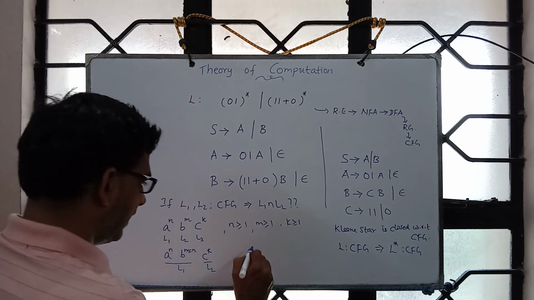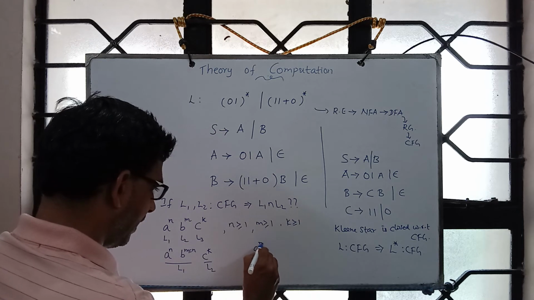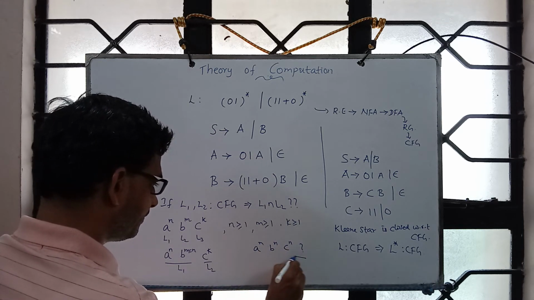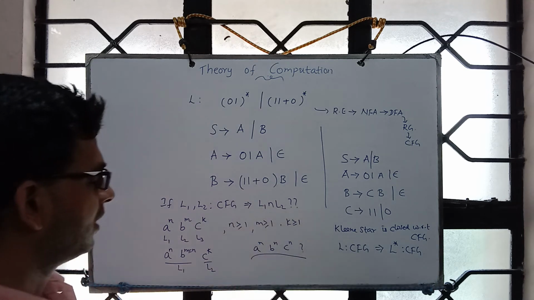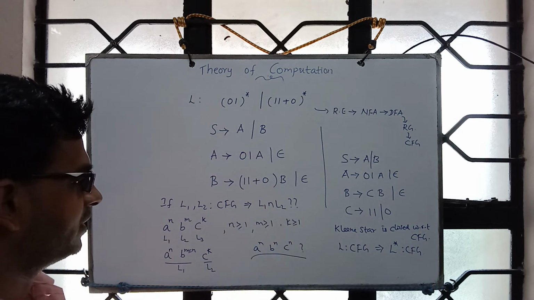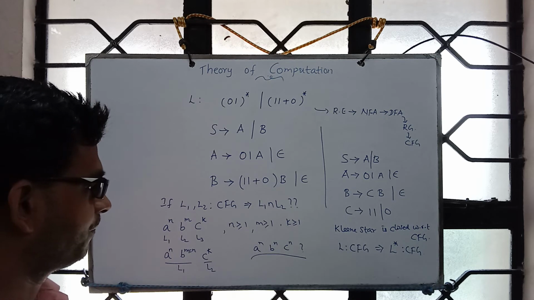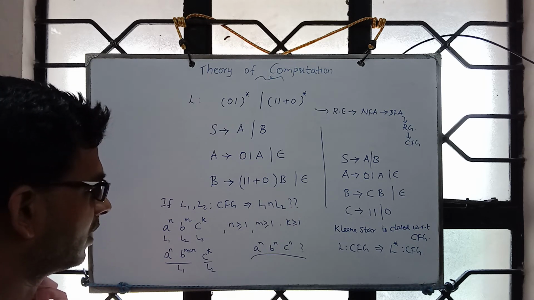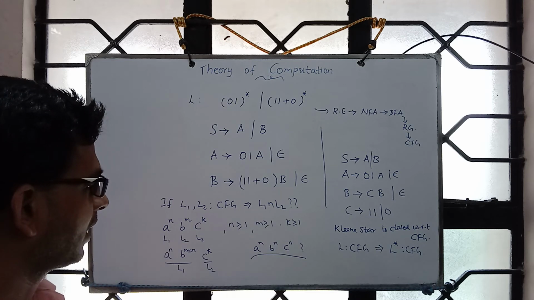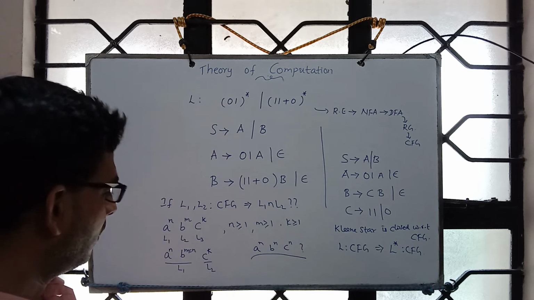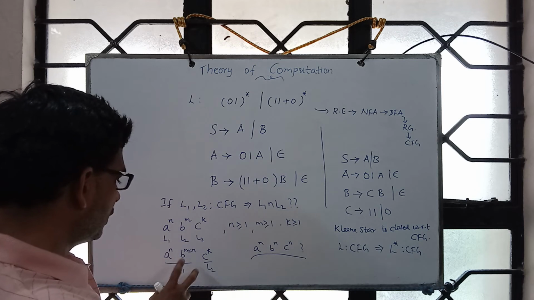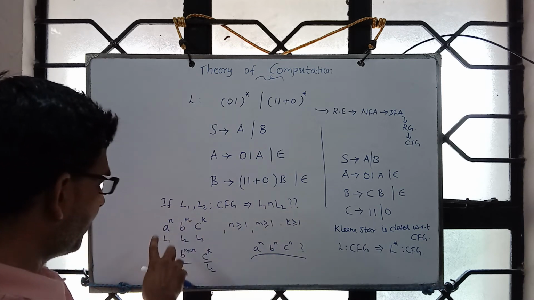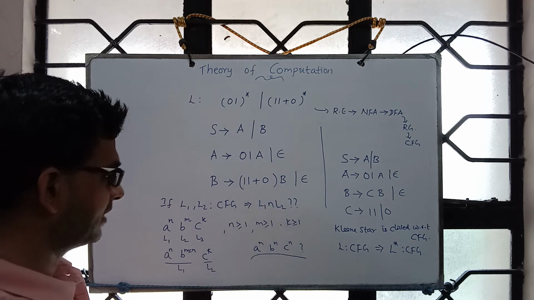Now what about the case where all three are the same, A power n, B power n, C power n? Now can we construct a CFG for this? Okay, so this is one question. Now one can bring other conditions also between n and m, or among n, m, k, some condition.